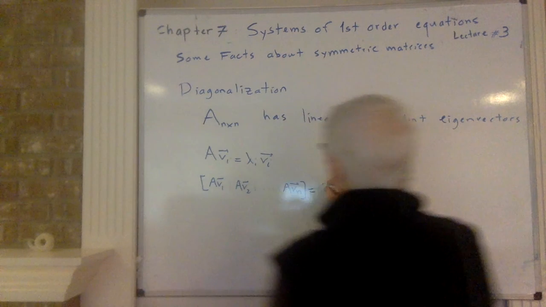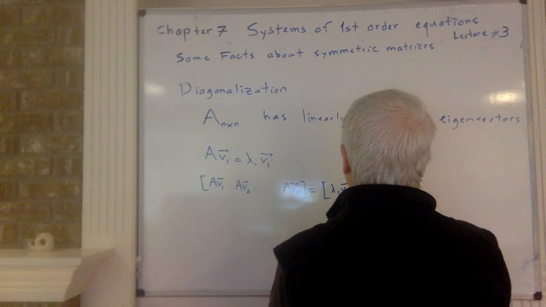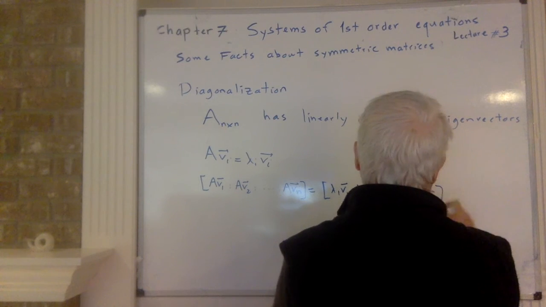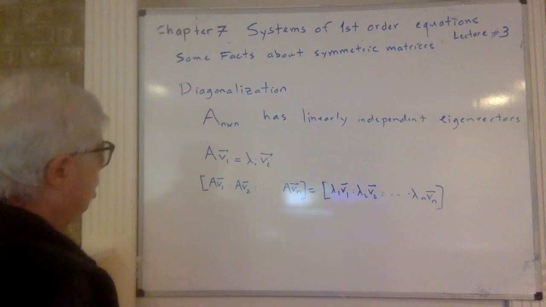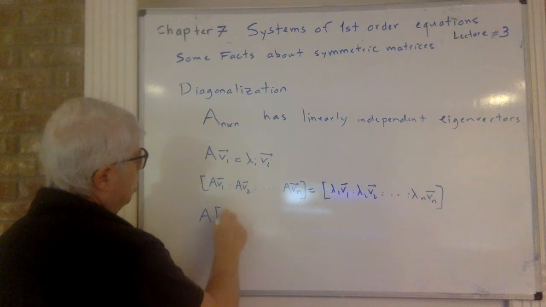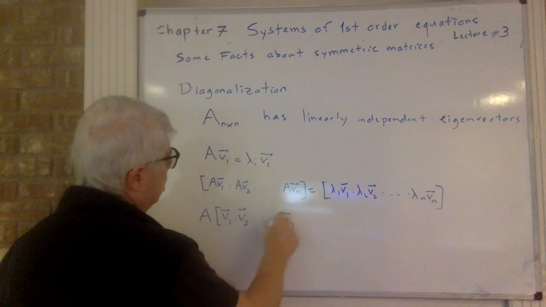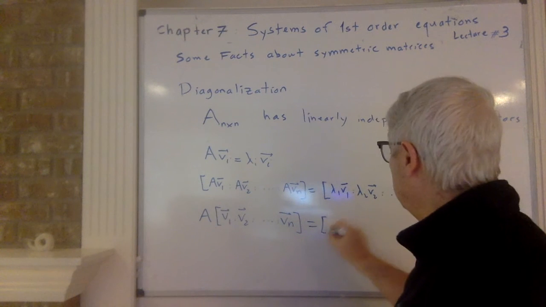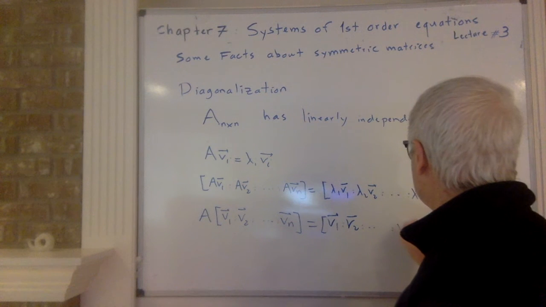And on this side, I have lambda 1 v1, lambda 2 v2, lambda n vn as columns of this matrix. It is very easy to see that the first is in fact A times the matrix with columns v1, v2, vn. But this side is different. This side will be v1, v2, and so on. You can check yourself and see this happens.